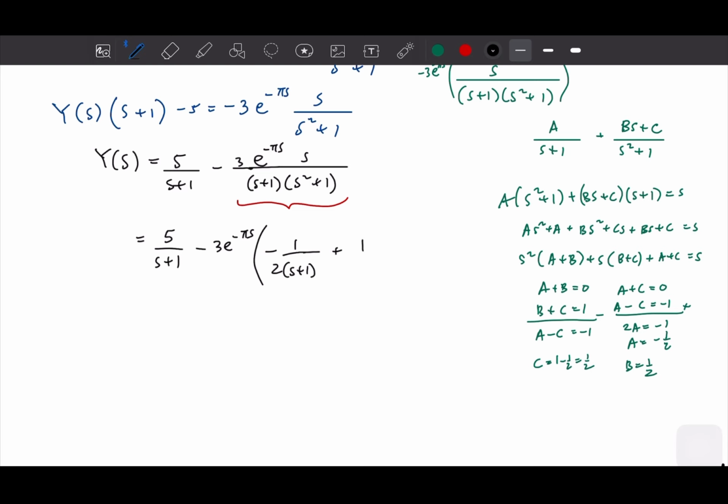I think we can separate that part: half s over s squared plus 1, and then plus half over s squared plus 1. Okay.